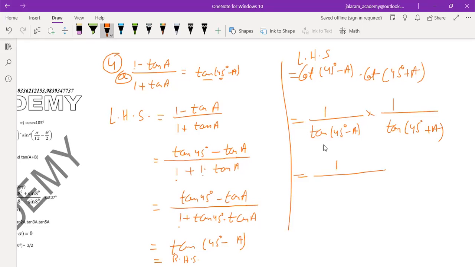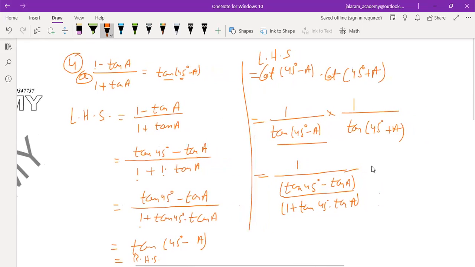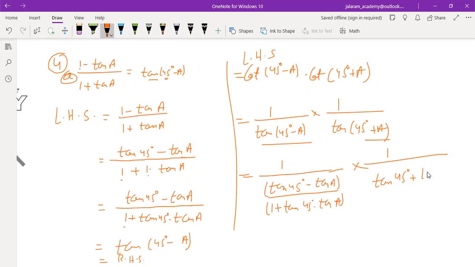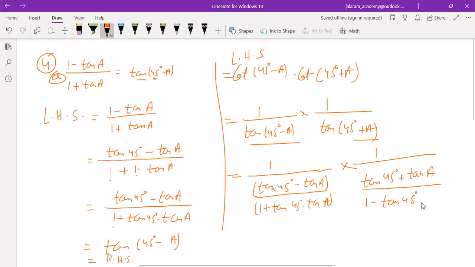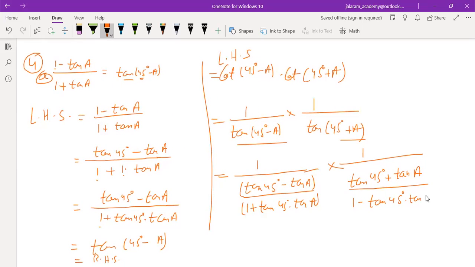Use the formula of tan(A minus B) at the denominator: tan A minus tan B over 1 plus tan A into tan B, into 1 upon tan(A plus B) again, so tan A plus tan B over 1 minus tan A into tan B.